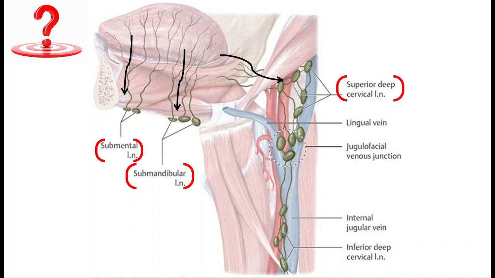So if there is a problem in it, it is usually discovered late, and the lymph nodes draining this area are the superior deep cervical lymph nodes. This area is covered by a muscle, the sternomastoid, and these lymph nodes lie on the wall of the internal jugular vein.